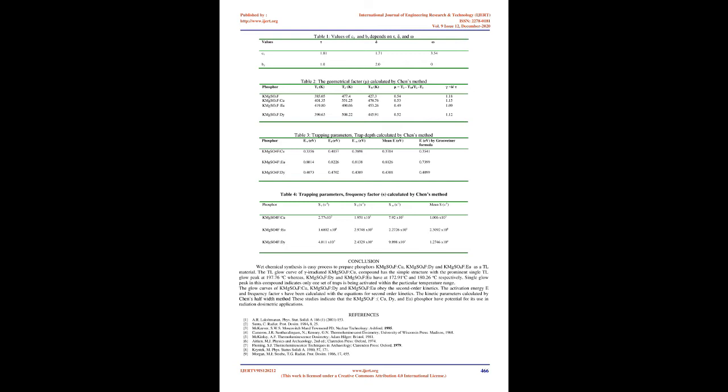They are calculated from the total half intensity width ω equals T2 − T1, the high temperature half width δ equals T2 − Tm, and the low temperature half width τ equals Tm − T1, where Tm is the peak temperature corresponding to maximum intensity, and T1 and T2 are temperatures on either side of Tm corresponding to half of maximum intensity. The trap depth was calculated by Chen's equation, where E is the trap depth and c and b are constants of Chen's equation, with α replaced by τ, δ, or ω as per the case.